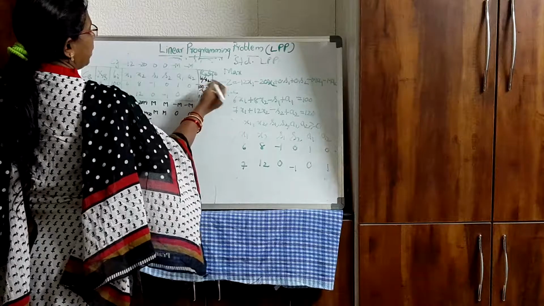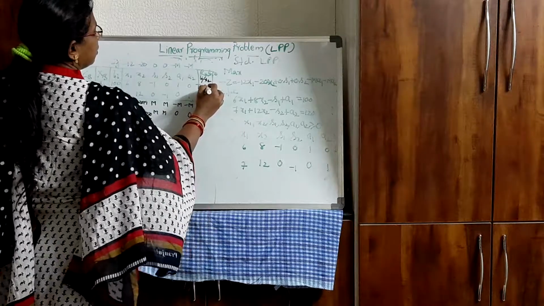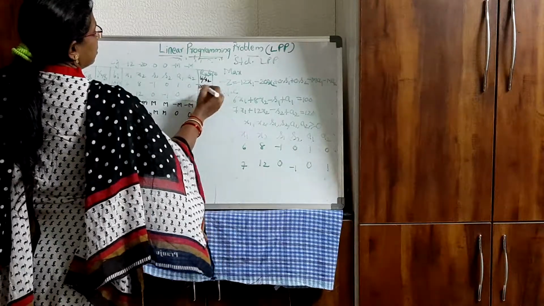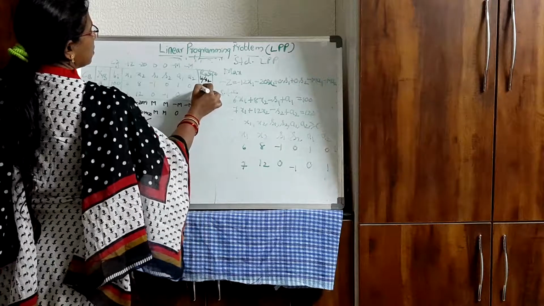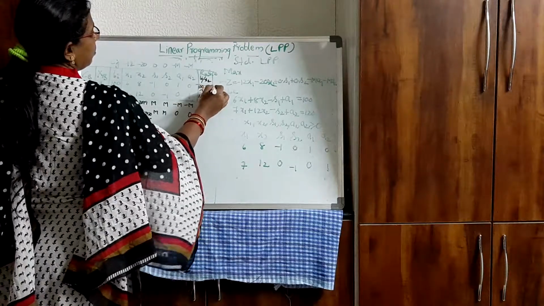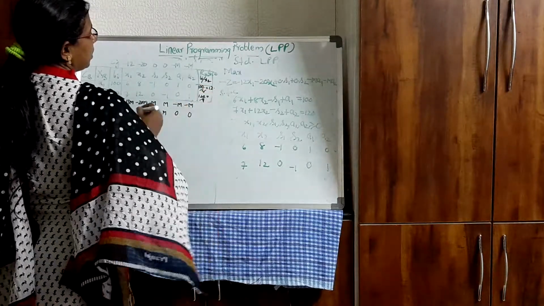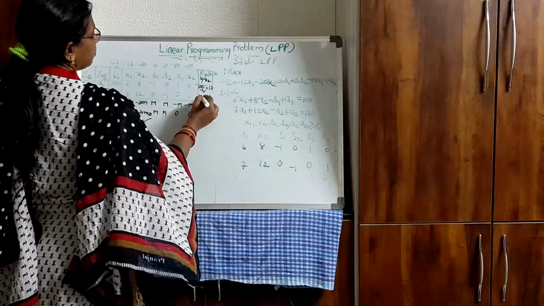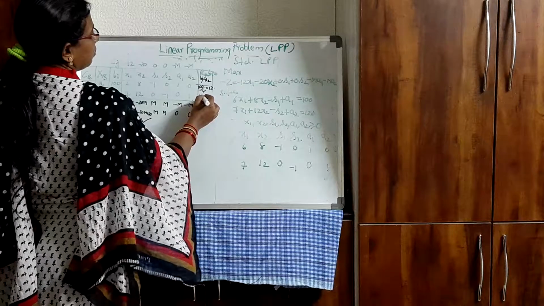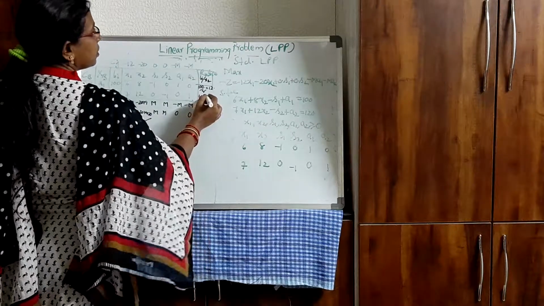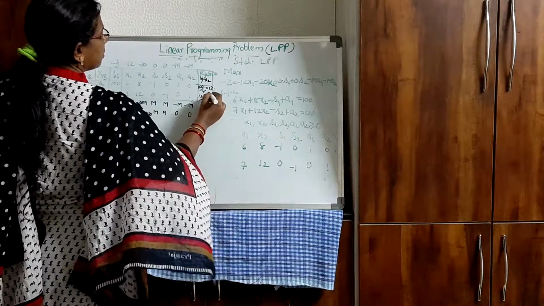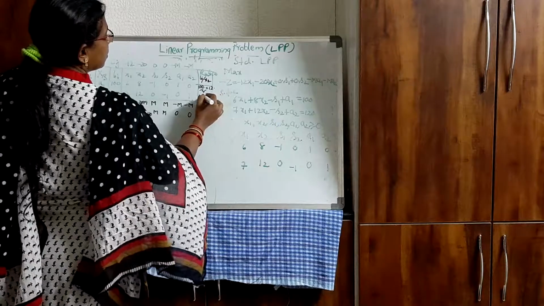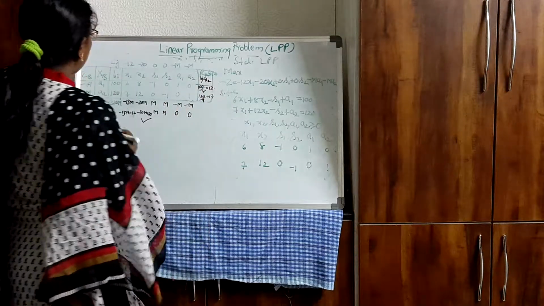So 100 by 8 means how much you will get? This is 12 point something. 120 by 7 means 17 point something you are getting.